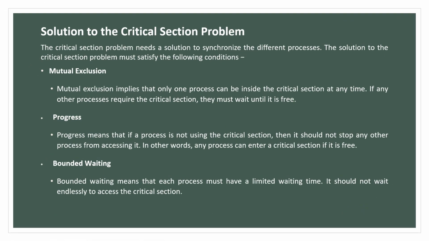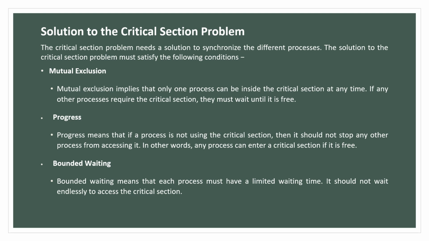Solution of the critical section problem. There are three requirements for a solution: mutual exclusion, progress, and bounded waiting. Mutual exclusion implies that only one process can be inside the critical section at any time. If any other process requires the critical section, it must wait until it is free.